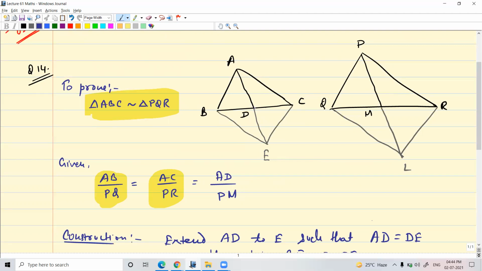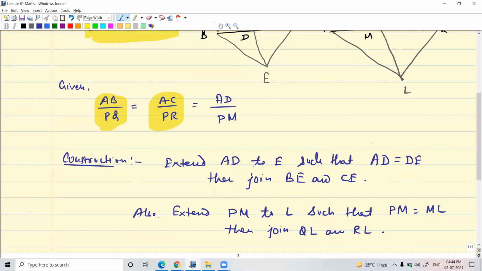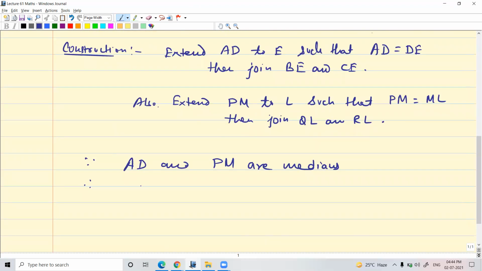See, we just talked about it, right? AD is a median, so BD will be equal to DC, and QM will be equal to MR. So let's write this down also. BD is equal to DC, and QM is equal to MR. So this is basically what we know in this whole figure.